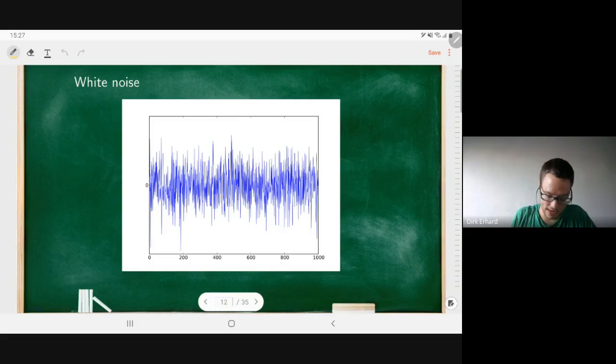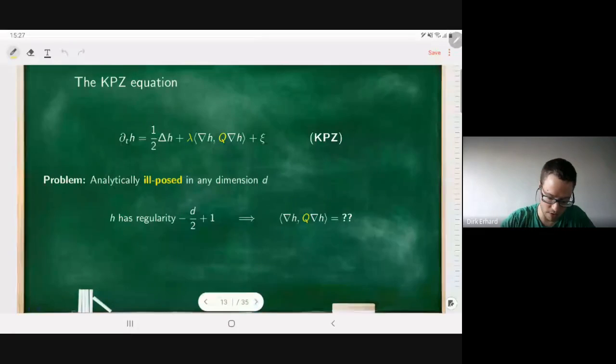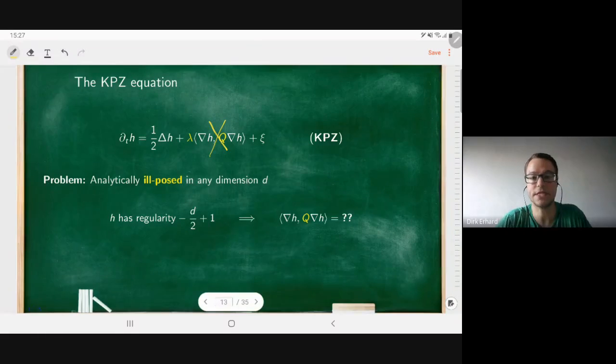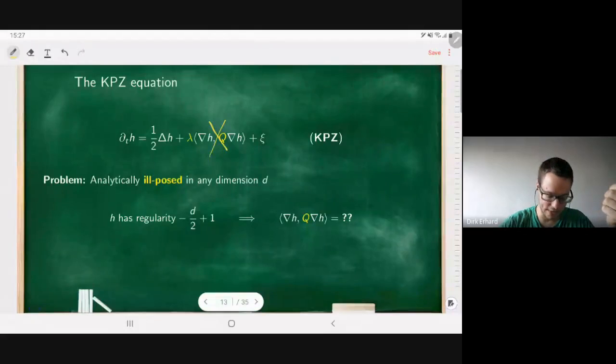And that's bad, because if we look again at this equation, and for a moment ignore the nonlinear part, this equation you can solve, there's a formula for that. Then you can check the regularity of the solution, how smooth it is, and the answer is this.